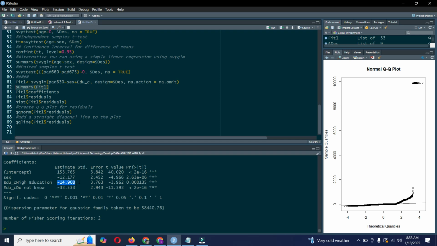14.901 is the effect of education on physical activity. It means if the person has higher education than lower education, his physical activity reduces by 14.9 score, or you can say this is a decreasing impact of education.